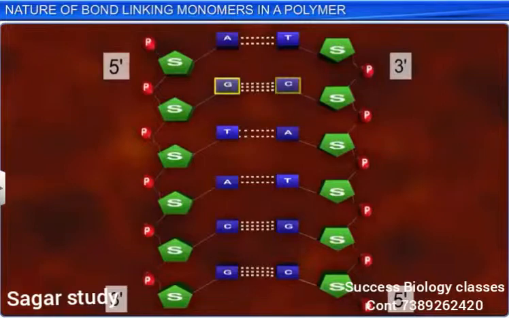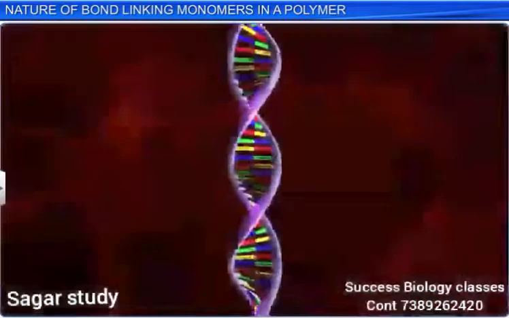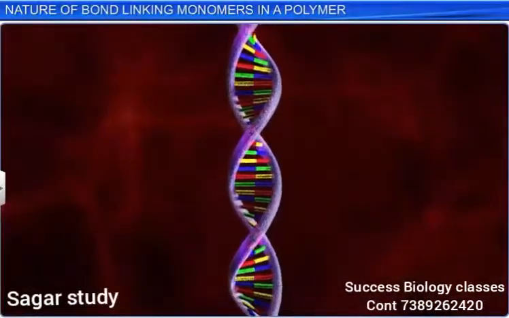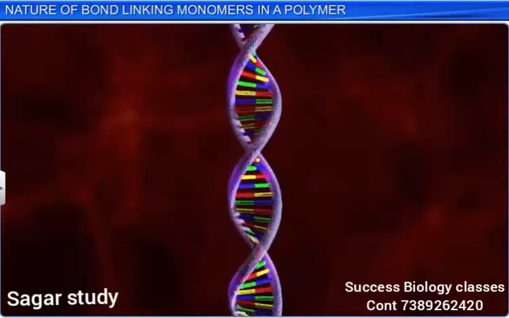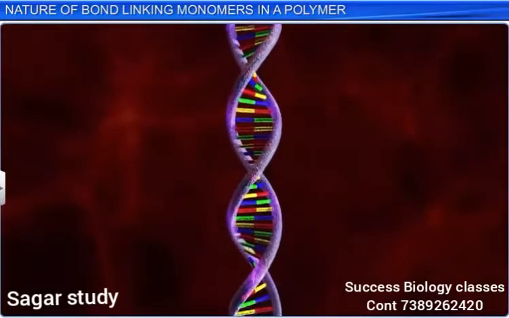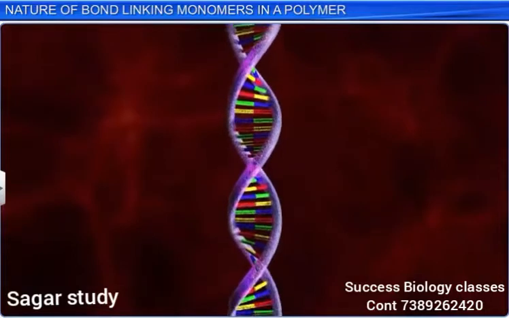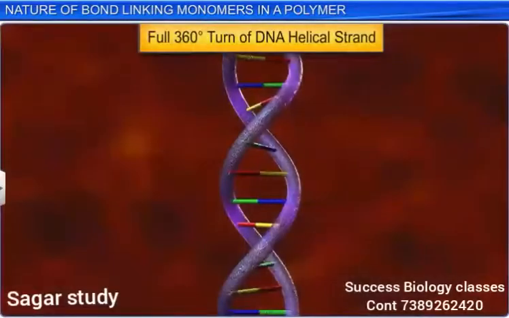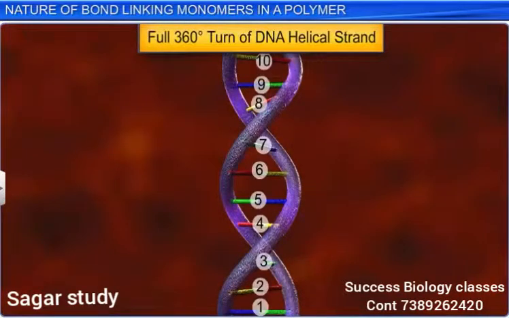Each strand appears like a helical staircase, and every step of ascent is represented by a pair of bases. One full 360-degree turn of the helical strand would involve 10 steps or 10 base pairs. In other words, there are 10 phosphate sugar groups in every full revolution of the DNA strand.